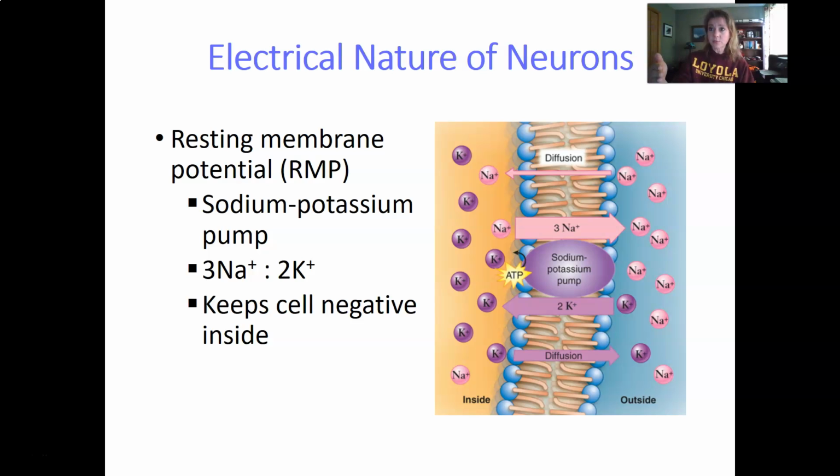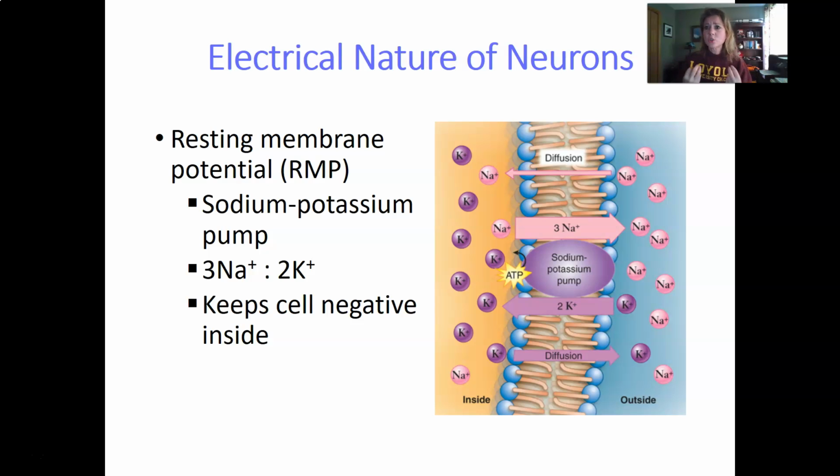What this means is that, if you think about maybe a lake or a stream or a river that is dammed, right? All of the water is going to collect behind the dam. But when the gates of the dam open, the water rushes in. That's exactly what's happening here. By making this imbalance in charge, by pushing more positive ions outside of the cell than there are inside of the cell, when these gated ion channels open, you're going to get a rush of ions coming in.